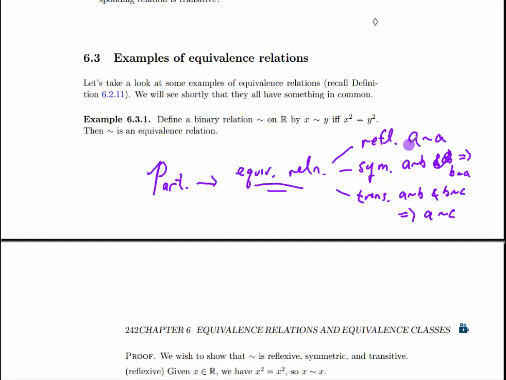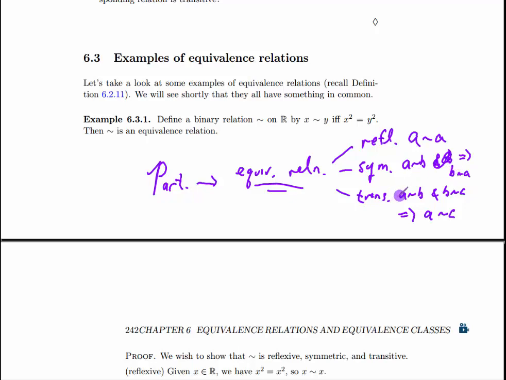Notice again that reflexive is unconditional. Every element must be related to itself. Symmetric says that if A is related to B, then B is related to A. In other words, it's conditional. It doesn't mean that all two elements are related. It just says that if two elements are related, then they're related in the reverse direction.